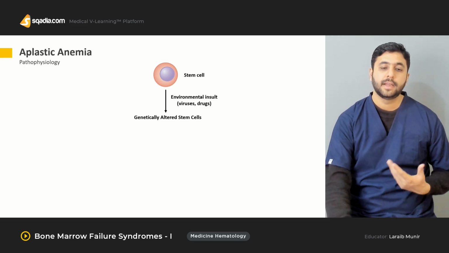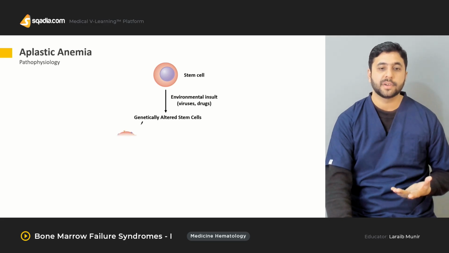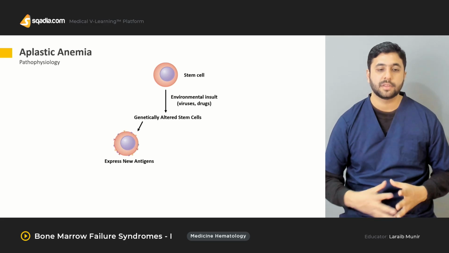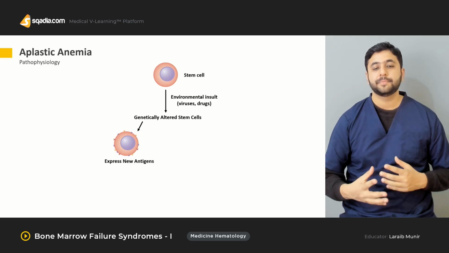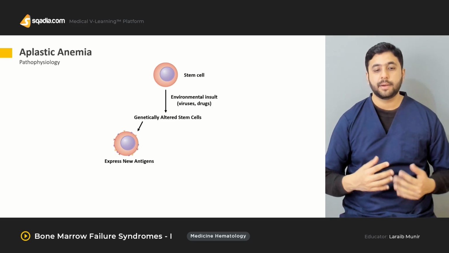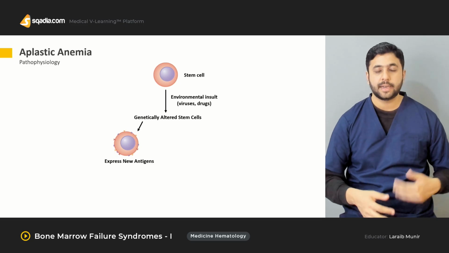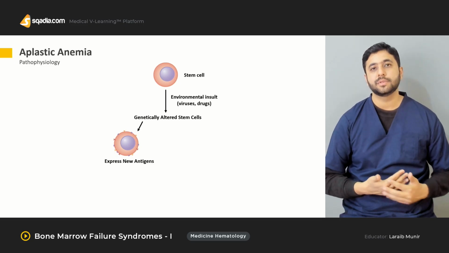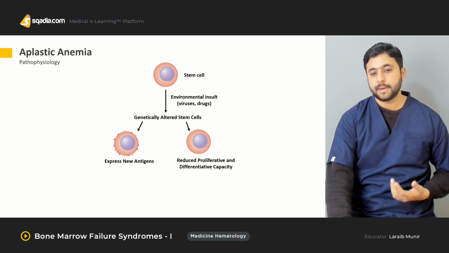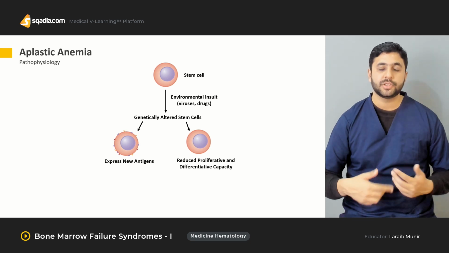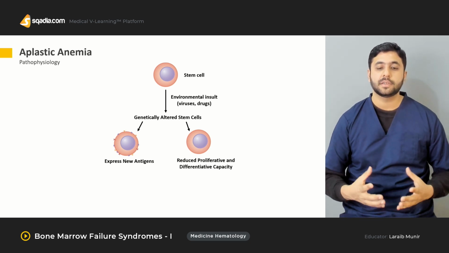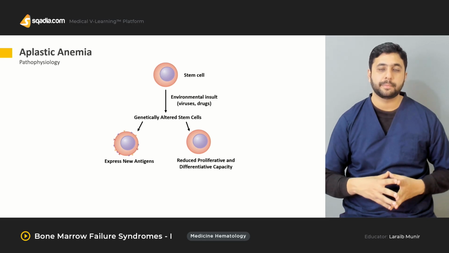Then the stem cell is genetically altered and has lost its normal function, and it can go down two basic pathways. Either it can become a target for the immune system by expressing new antigens and inviting the various types of immune cells to target it, or it can be genetically modified into a cell which has a reduced proliferative and differentiative capacity.